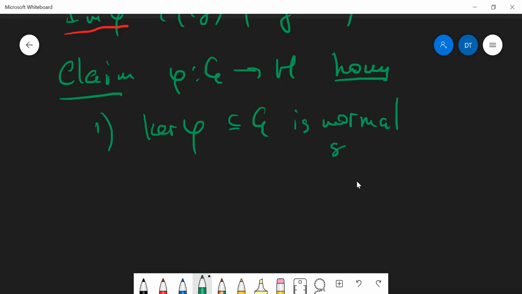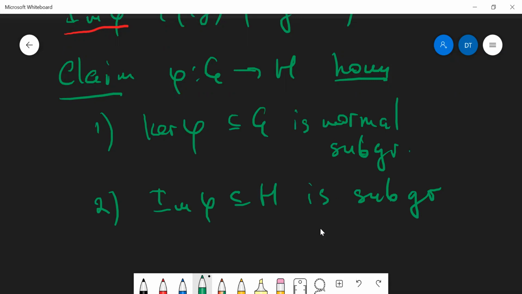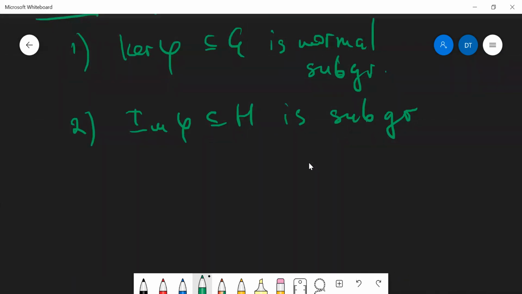Second, the image is always a subgroup. The third property, phi is surjective if and only if the image of phi is equal to H.